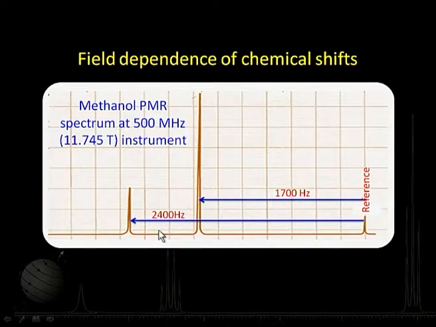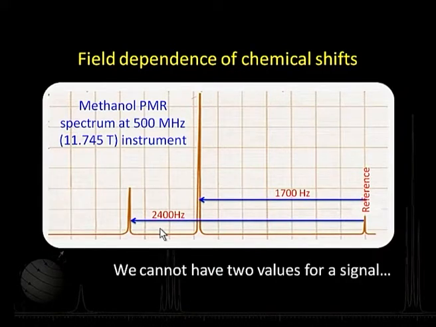This is very tricky and intriguing, that we are getting two different values for a given signal. I have the same molecule of methanol, but on measuring on different instruments, I find different values, which we cannot afford. We have to have a unique identification for a given signal for a given molecule. How do we go about it?